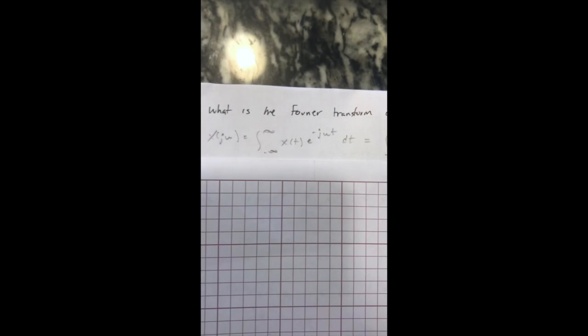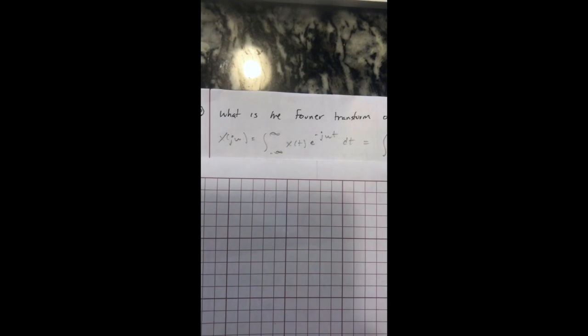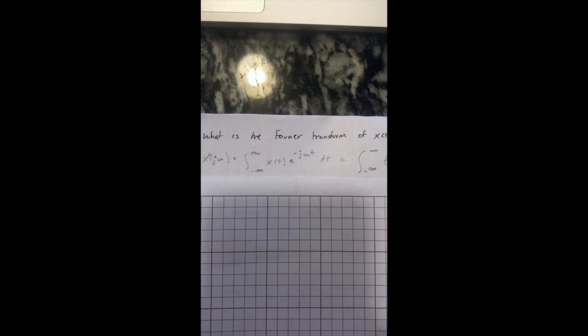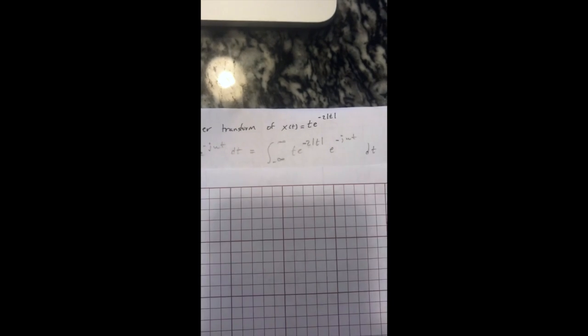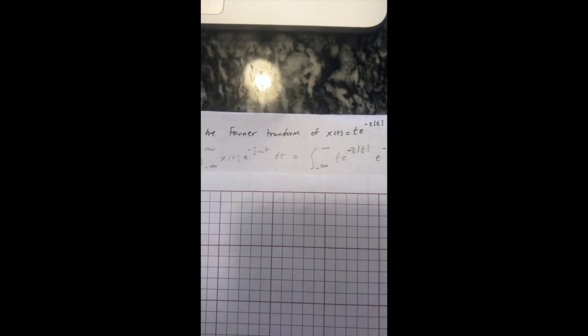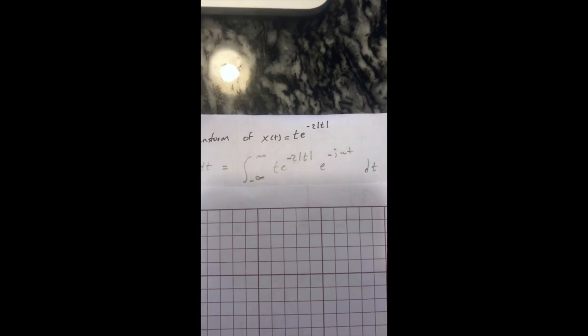So the first approach you'd want to do is just use the basic formula itself, which is x of j omega equals the integral from negative infinity to infinity of x of t e to the minus j omega t dt. And of course, if you plug in x of t, you get this expression, right?